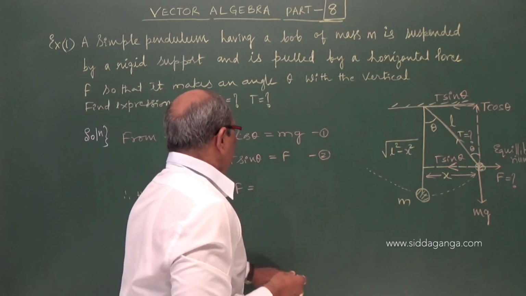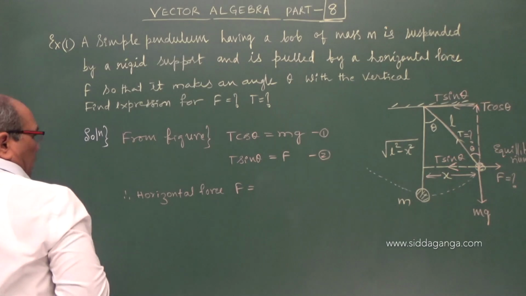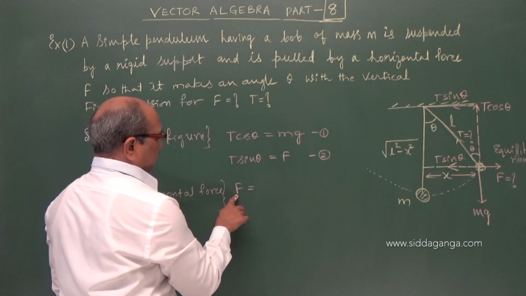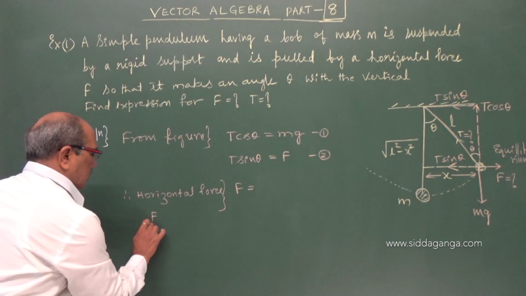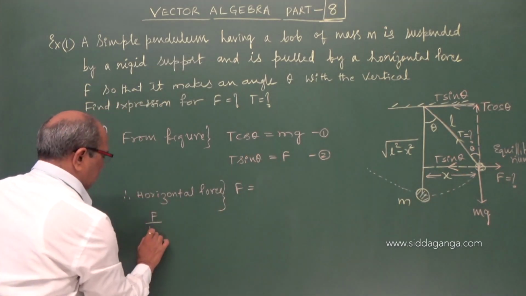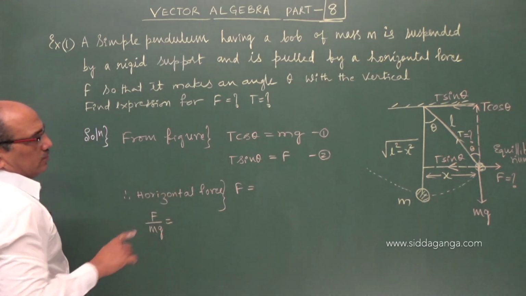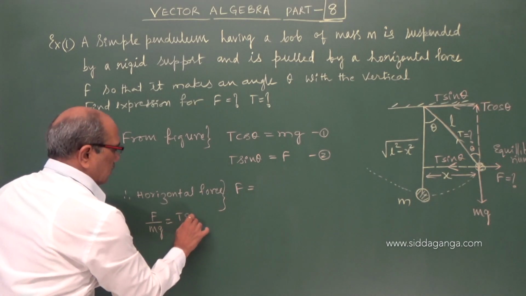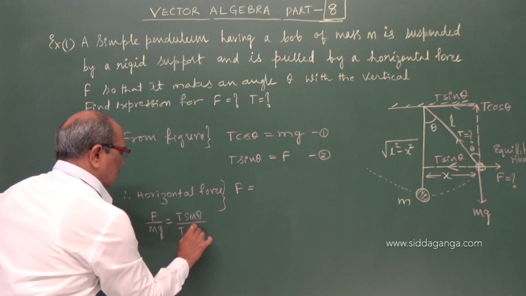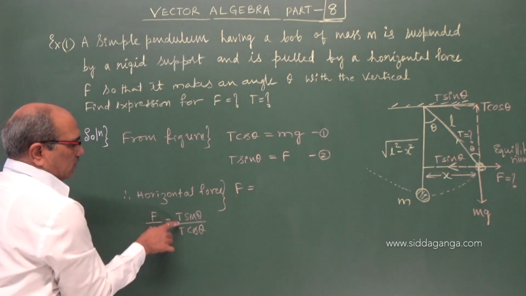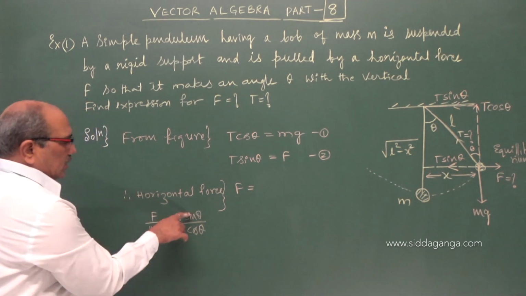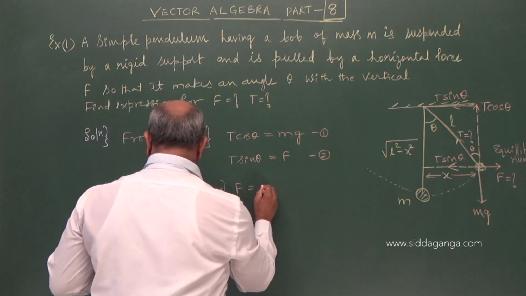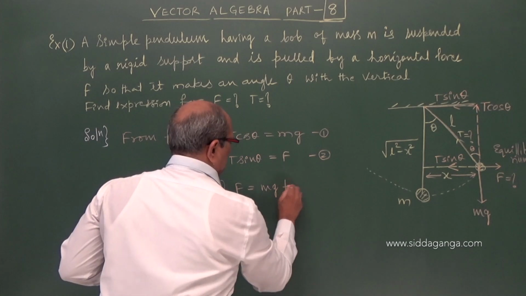So in these two equations, if I take F by mg, F is T sin theta by T cos theta. My aim is to cancel T. I cancel T, and sin theta by cos theta is tan theta. Therefore, F is equal to mg tan theta.